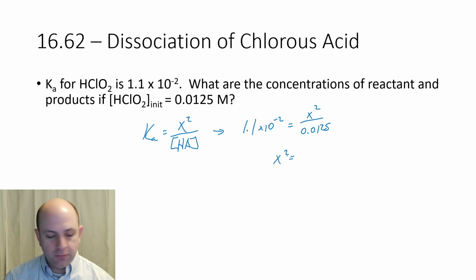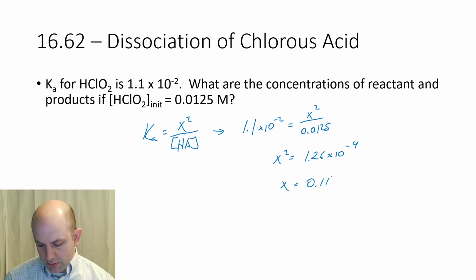That means x squared is going to equal 1.1 times 10 to the minus 2 times 0.0125. And then, so that's x squared is 1.26 times 10 to the negative 4, which means x, when we square root that, is 0.0112 molar.